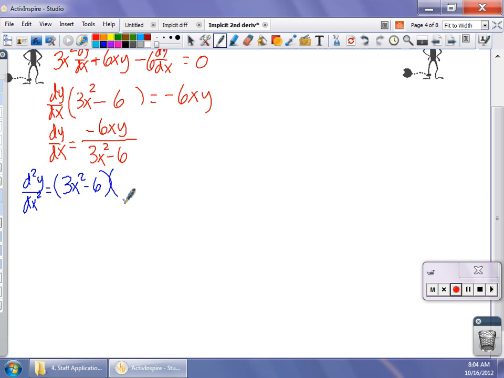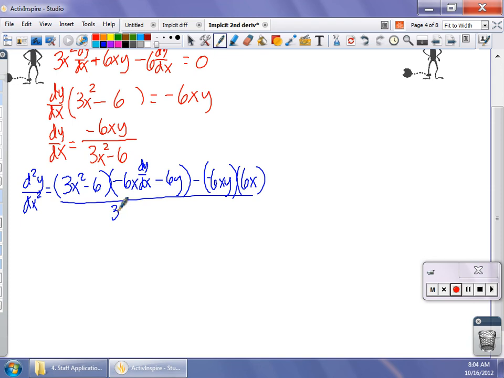I'm going to need the product rule again, so I have the first times the derivative of the second plus the second, which is y, times the derivative of the first, so that gives me negative 6y. Down d up, minus up, negative 6xy, d down gives me 3 times 2 is 6x, over down, down.